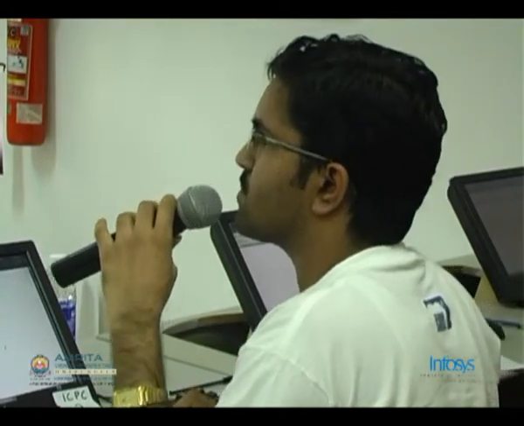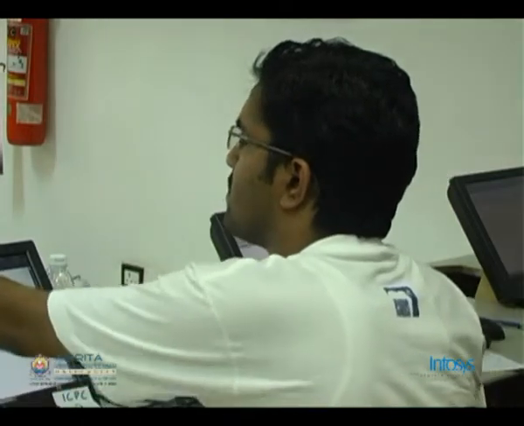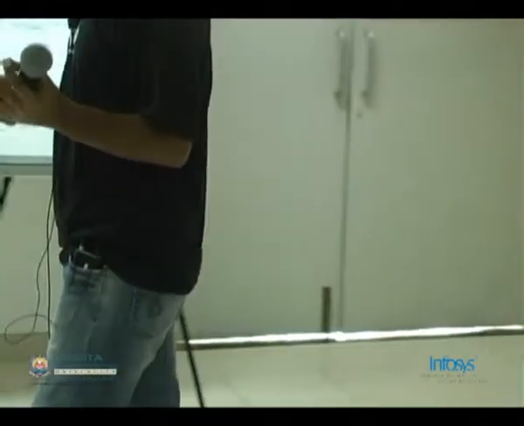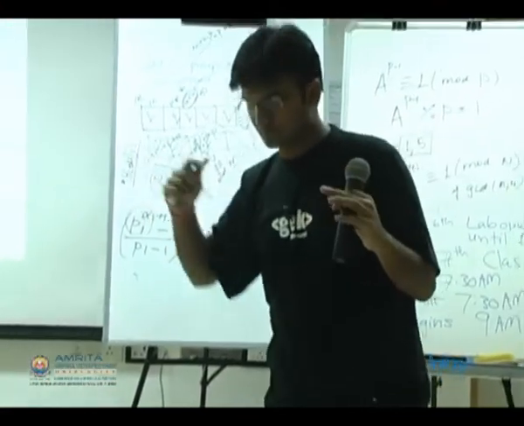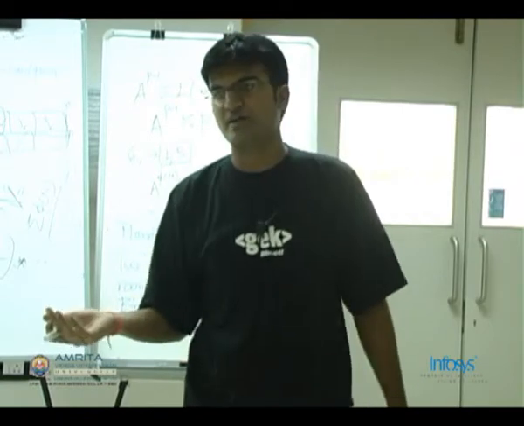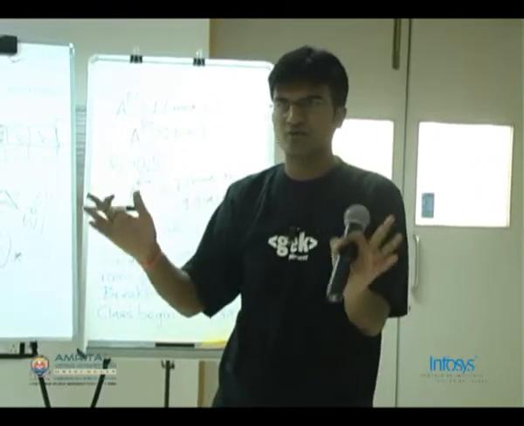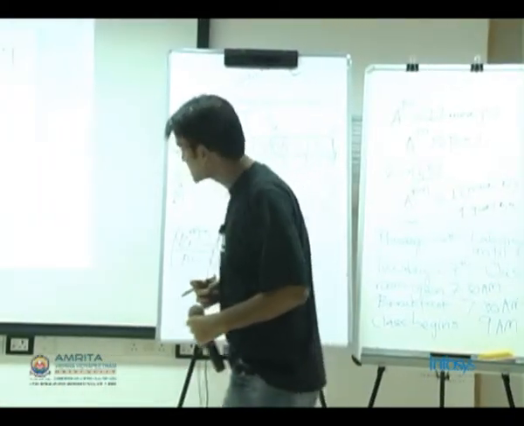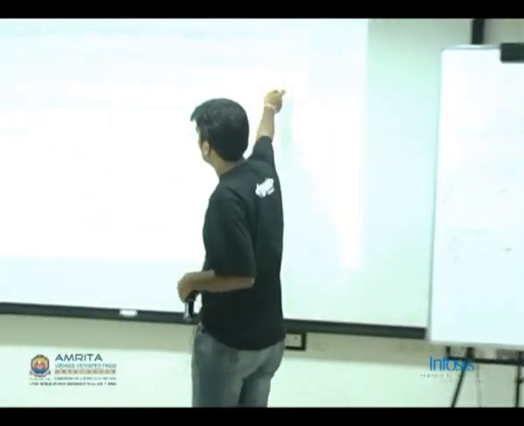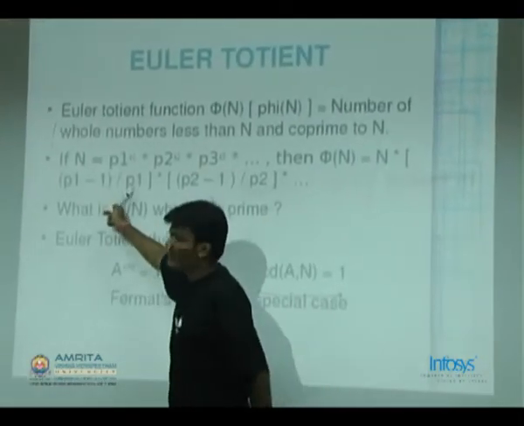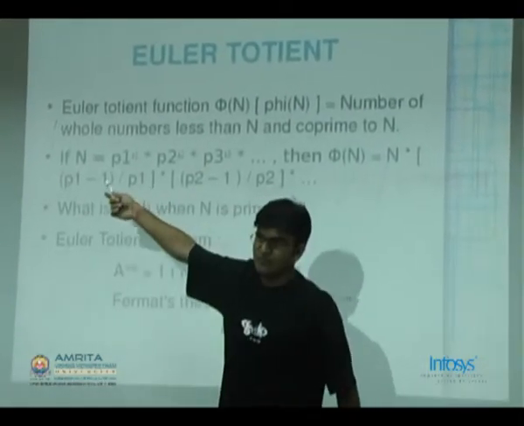Okay. So what he says is that let's say I have done a sieve to figure out what the primes are in a particular range. So for the interval that was given, 0 to n, I do a sieve to find out the primes in the range 0 to n. Now for every prime, if you notice, I just need to multiply that number with (prime minus 1) by that prime.